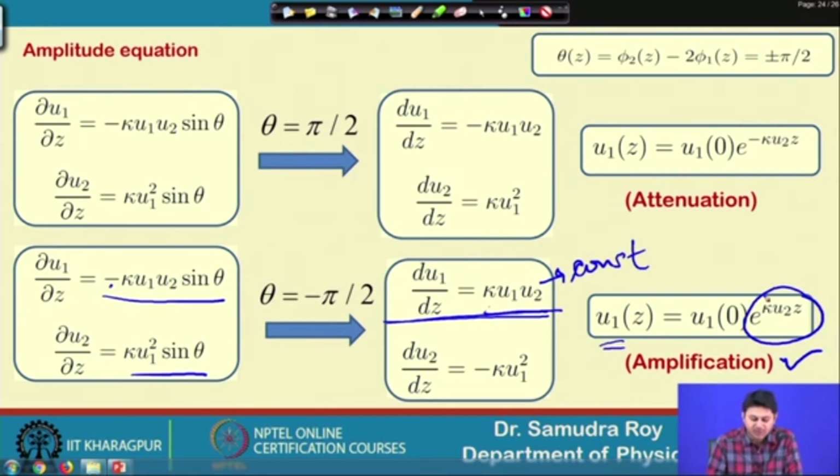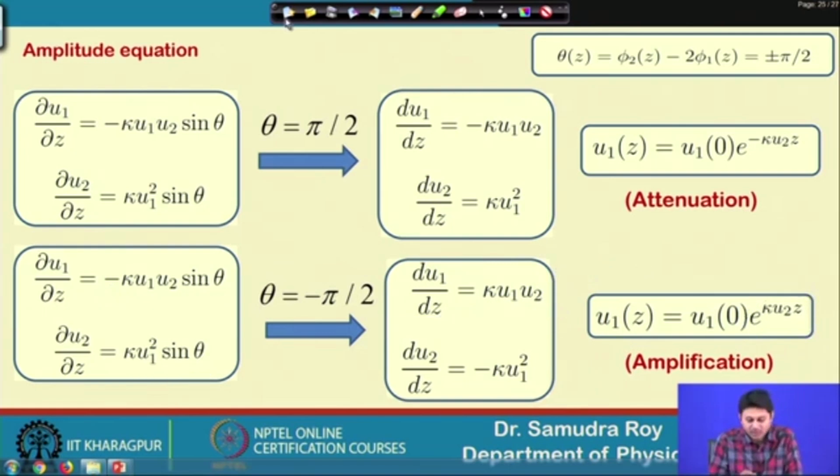and this is happening because of the phase matching condition we have. This phase condition suggests that delta becomes minus pi by 2, theta becomes minus pi by 2, or delta in terms of phi 2 and phi 1 becomes minus pi by 2. So, this is one condition. The second condition, let me write it once again.